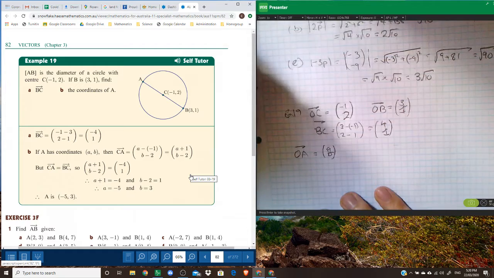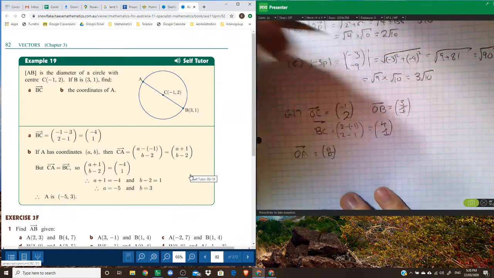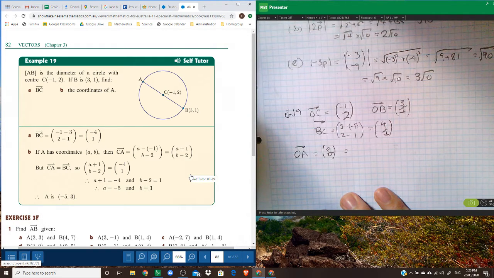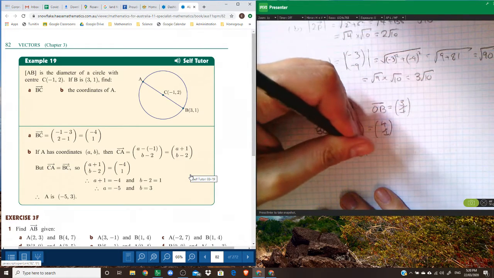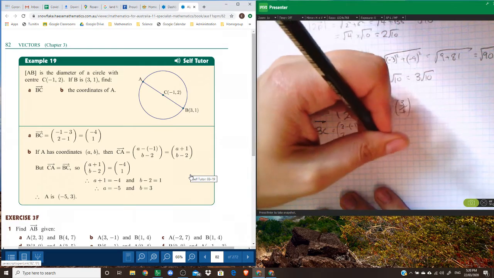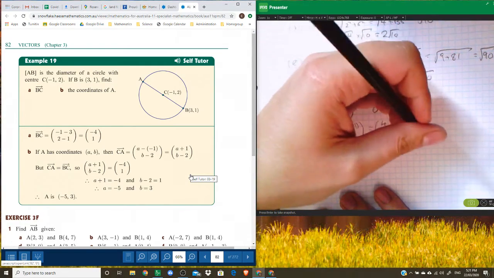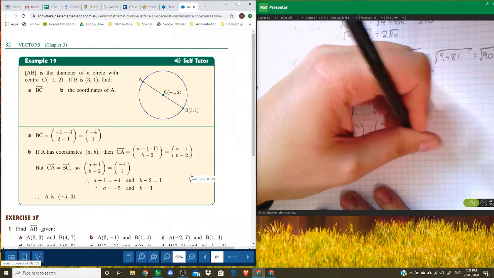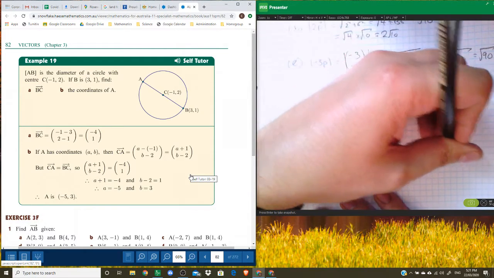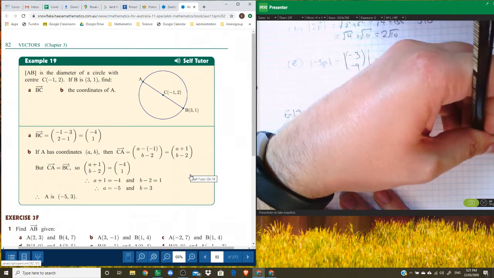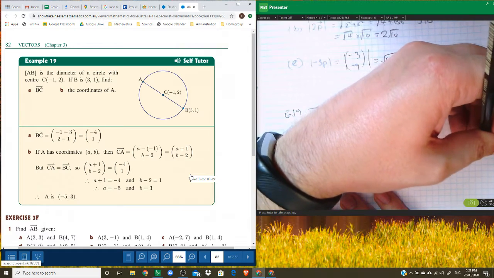So how can we go there? Well, O to A can be expressed as, okay, find another way to get there. O to B plus B to C plus C to A. Now, C to A is equal to B to C because they are radii, and they're also going through the center.